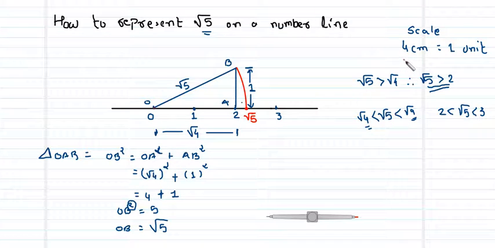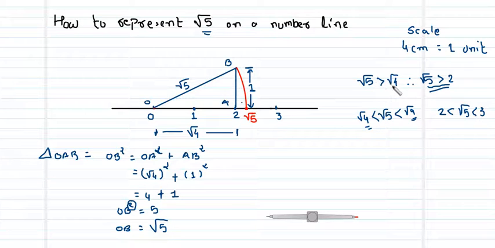So over here I have taken 4 centimeter as 1 unit and drawn a number line 0, 1, 2, 3 and so on. After that, root 5. We have to think where root 5 must reside on a number line.